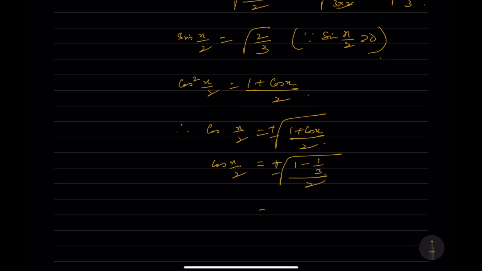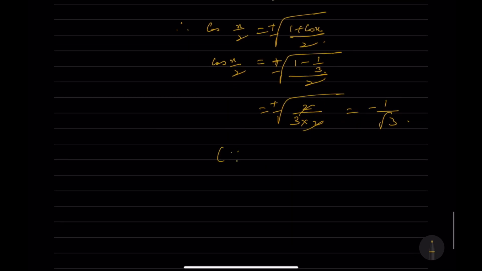So which is equal to plus or minus root of 3 minus 1 is 2 by 3 into 2, which is equal to minus 1 by root 3, since cos x by 2 is negative in the second quadrant.